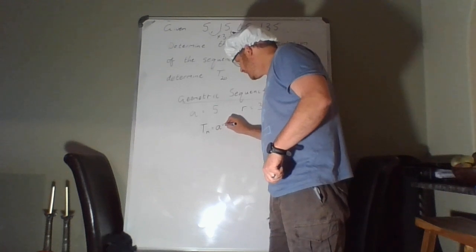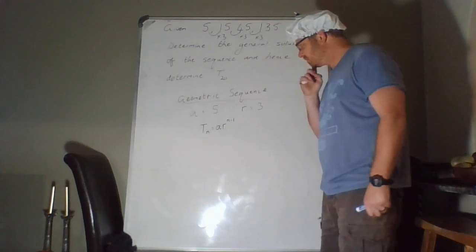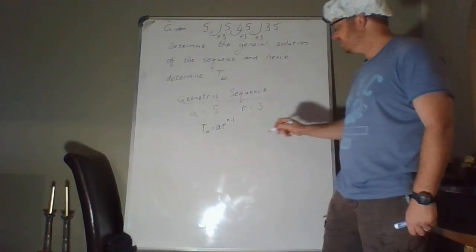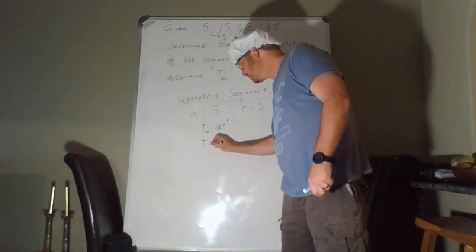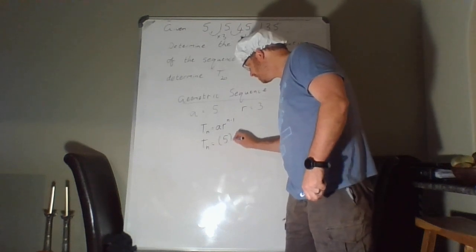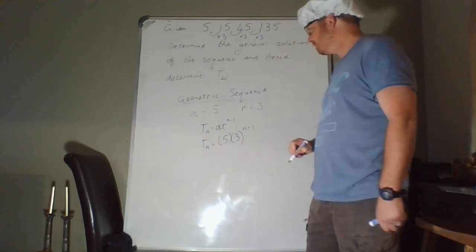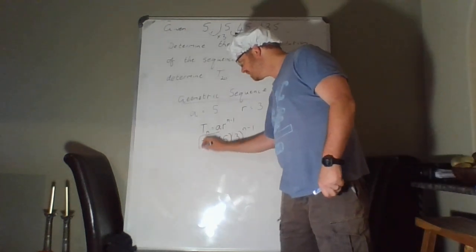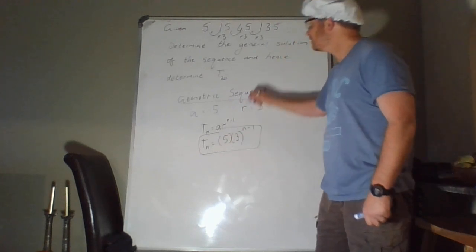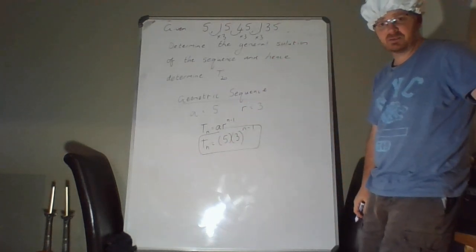The term in position n will be the first term times the ratio to the power of n minus 1. So to get the general term, the general formula, the explicit formula, all same thing, will be 5 times 3 to the n minus 1. You can't times that together. So that is your solution for the first part of the question, the general term.